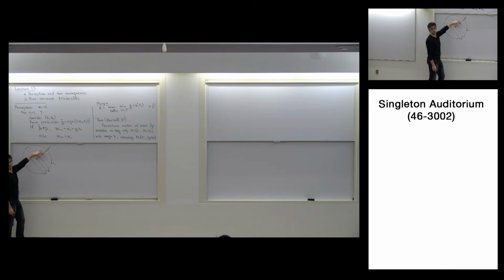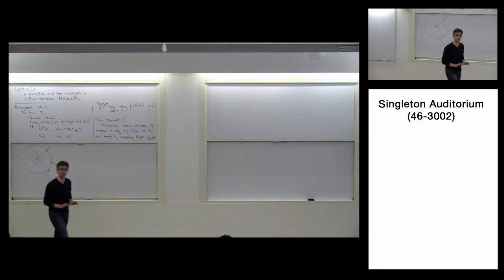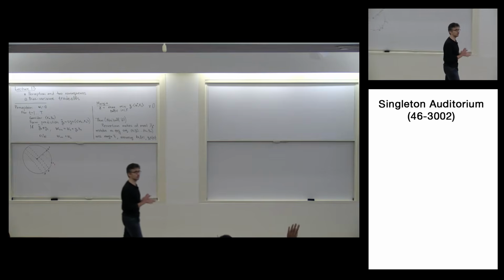And just assume that everything lives on the sphere for the purposes of the picture. And then we're asking that this is at least gamma. So the smallest distance among all the points defines the margin in the data. Is that clear? Any questions about what the margin is?